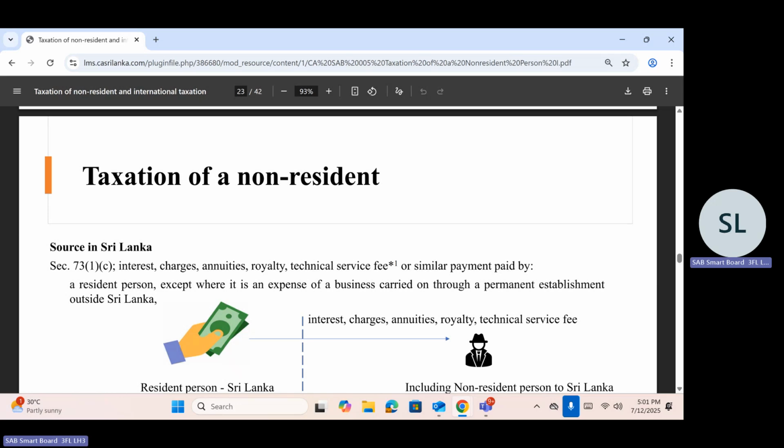He is making the payment. But that is an expenditure of a permanent establishment, a permanent business location outside Sri Lanka. Right? The expenditure is for this particular permanent establishment. It is outside Sri Lanka. On behalf of that permanent establishment, he is just making the payment. It's a payment arrangement.